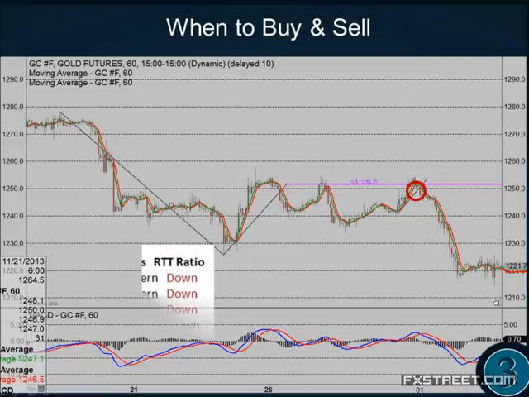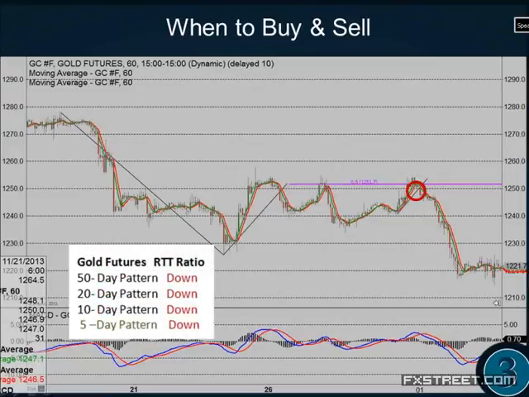And it just so happened, what was our ratio? The majority patterns are down. They've been beating gold like a dog because this has been a great market to short. Because the only people that are more stubborn than euro bears are gold bulls.